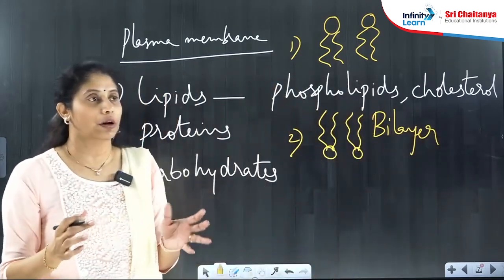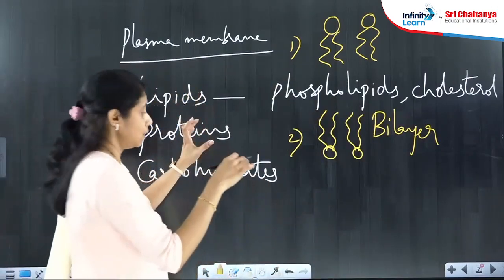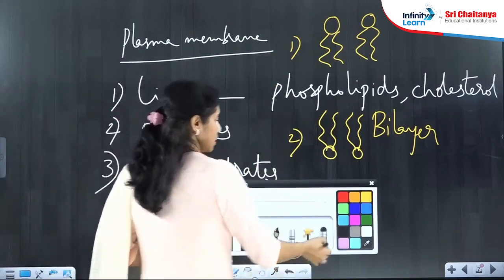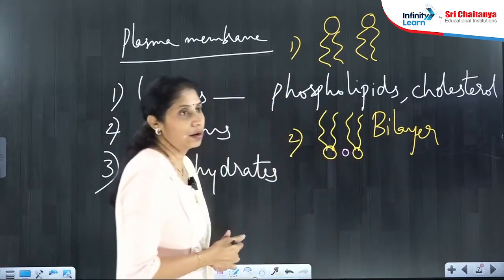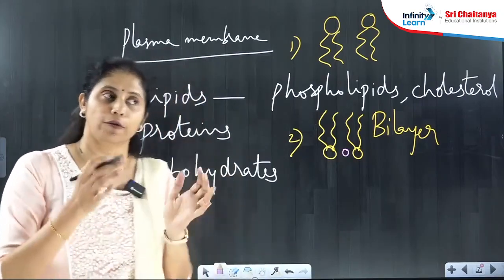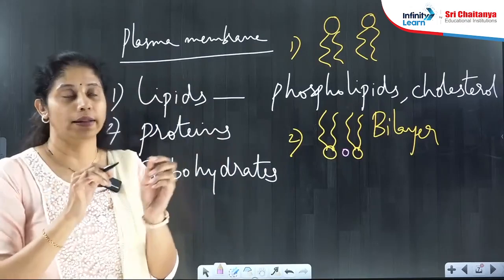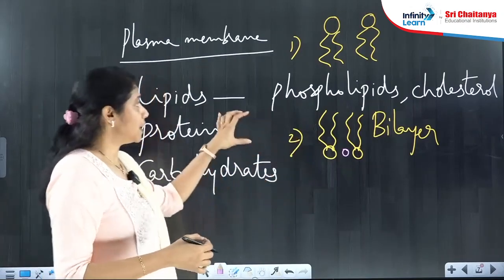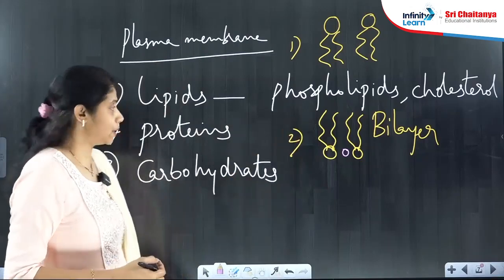So phospholipids always form the bilayer. And within that bilayer, in some areas the small molecule cholesterol will be present. This will be the cholesterol. So majorly the lipids forming the plasma membrane are phospholipids, and minorly a very small amount of cholesterol here and there is present. So that is the basic structure of the plasma membrane because it is mainly made up of phospholipids.